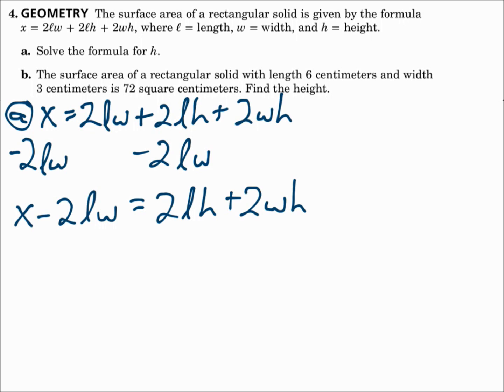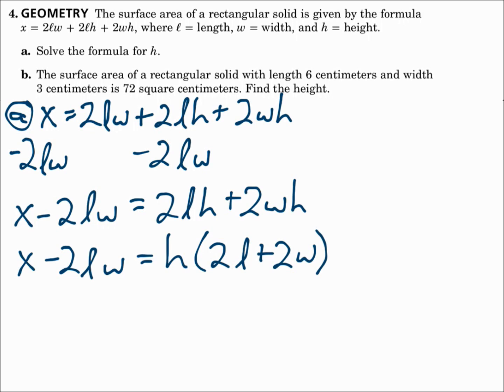Now, since both of those terms have an h, you can use the distributive property, factor out the h, and in parentheses, put the rest of it. For the first term, 2L. For the second term, 2W.